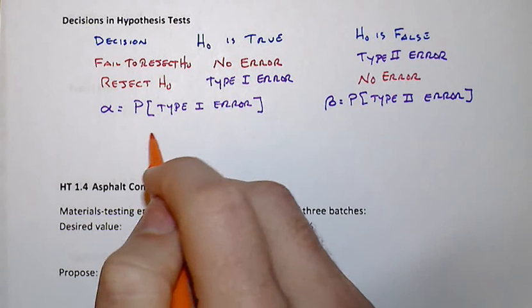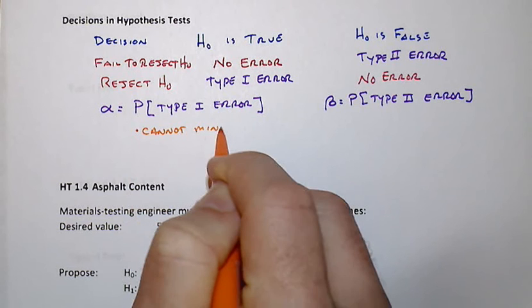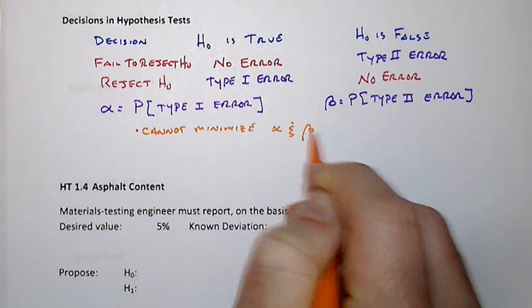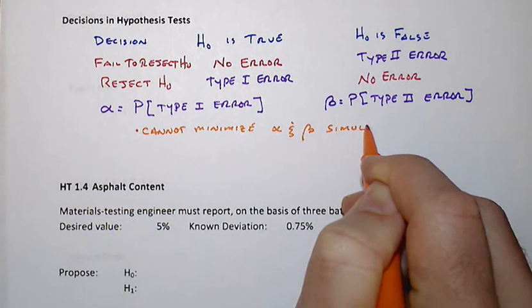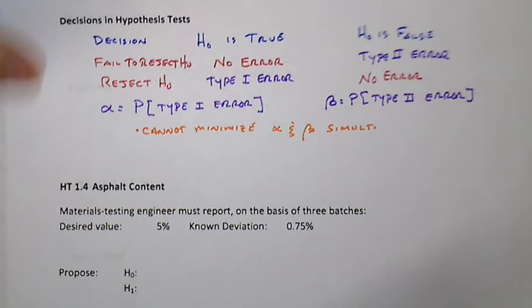Right? So we cannot minimize alpha and beta simultaneously. And we'll illustrate that as we get into another example of a hypothesis testing situation.